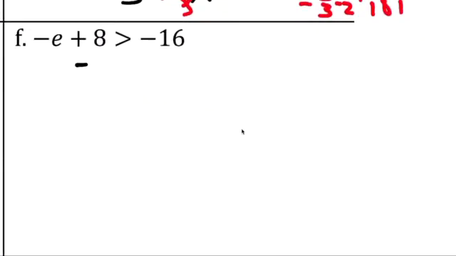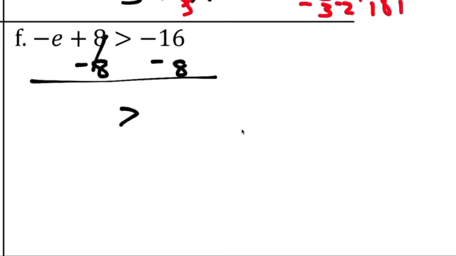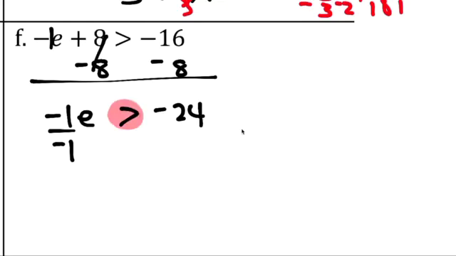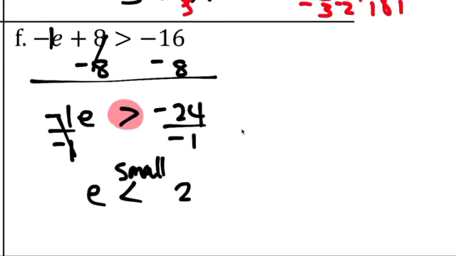Same here, minus 8, and then greater than negative 24 here. Negative 1e, that's invisible 1, divide by negative 1, so dividing by a negative, that inequality switches. Okay, so e, instead of greater than, becomes smaller than or less than. Now negative 24 divided by negative 1 is positive 24.